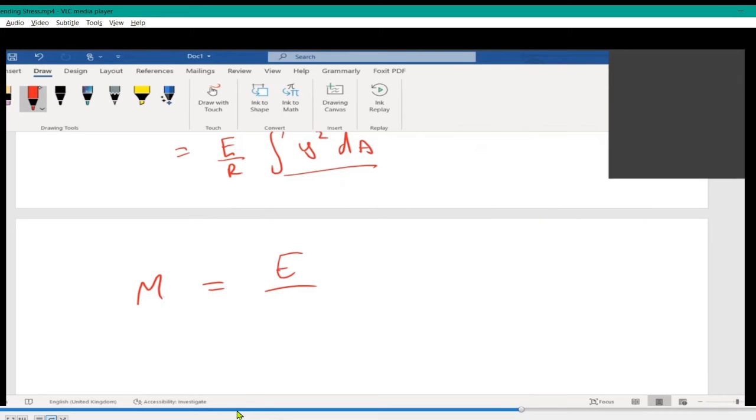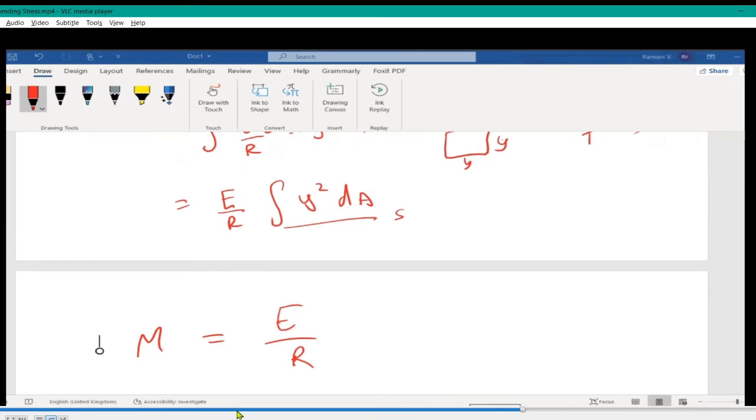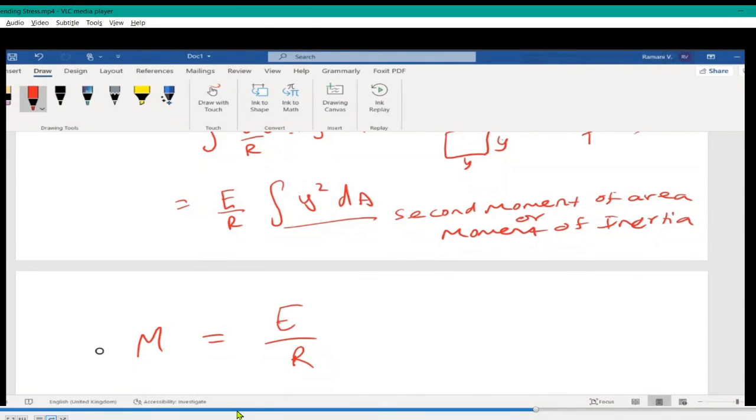So this name is called second moment of area, or moment of inertia in simple words. y dA is the moment of an area dA at distance y, and if you multiply by y again and integrate, you have y square dA, the second moment of area.